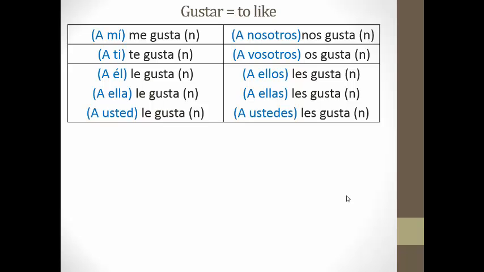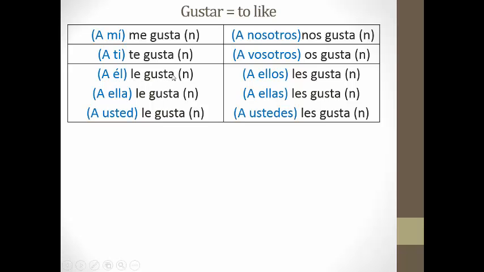I know it's rather lengthy. Okay, hopefully you got this copied down. Let's go over it briefly. A mí me gusta or a mí me gustan means I like. A ti te gusta or a ti te gustan means you like.